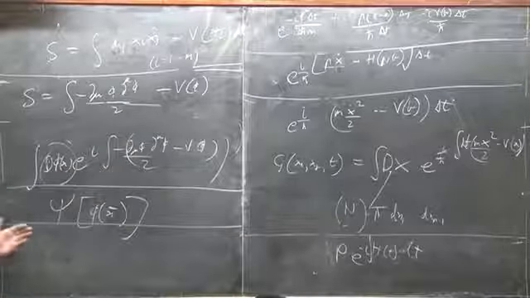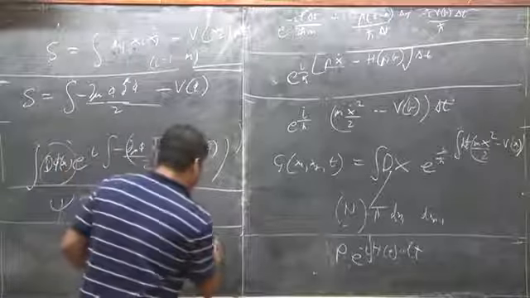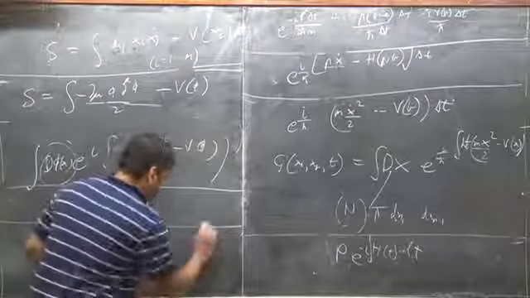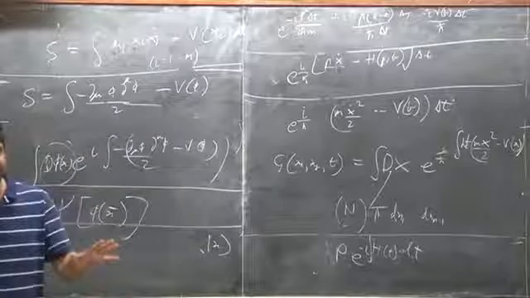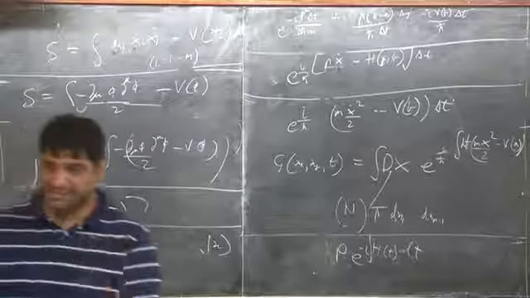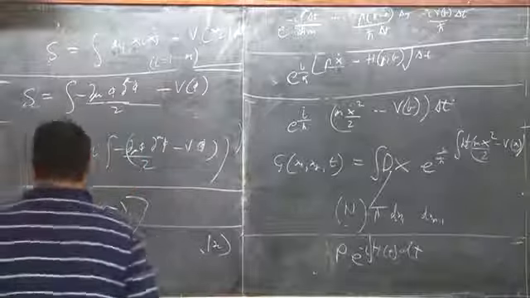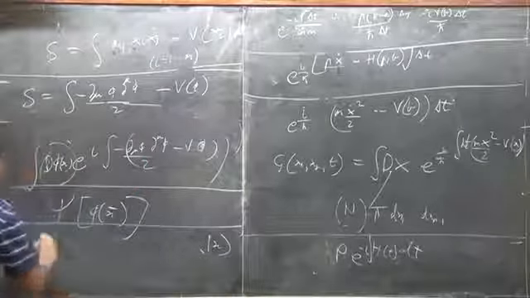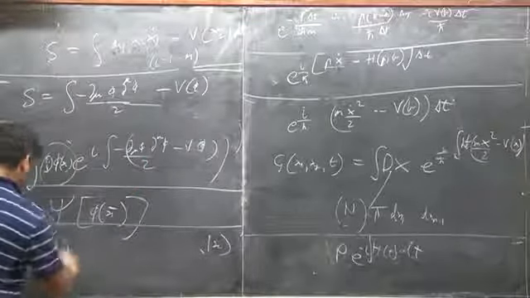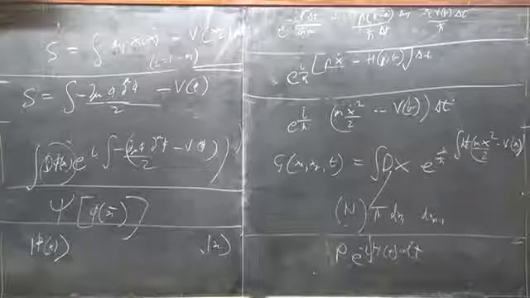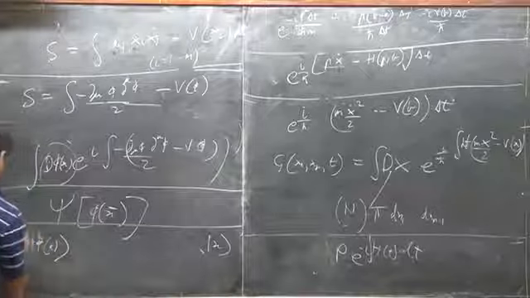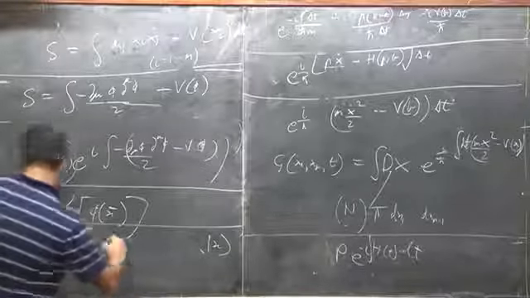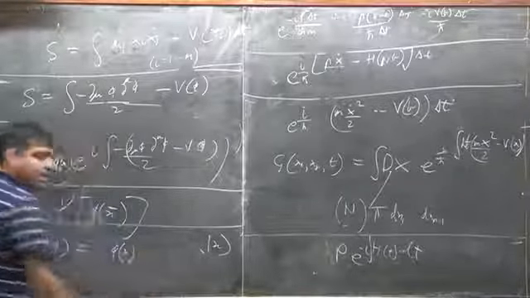Now, just like you had position eigenstates x, which have the property that the operator x acting on the state x is the number x times that state, you have position eigenstates phi of x, which have the property that the operator phi of x acting on this state is equal to phi of x times it.